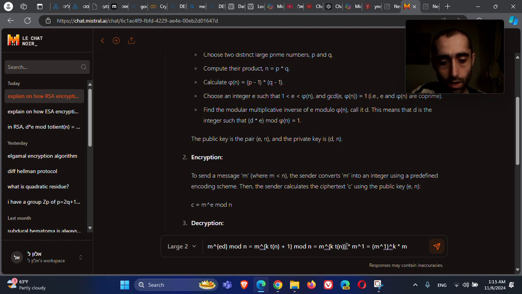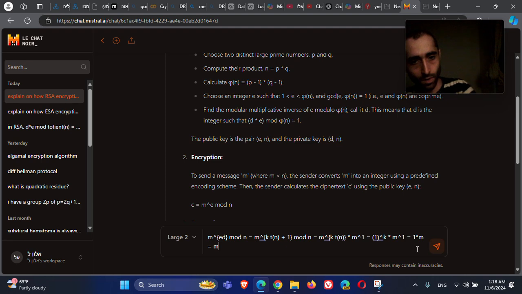Now this is 1 to the power of k, because m to the power of 30 and n is 1, so this is 1 to the power of k times m to the power of 1, because this one comes from here, and this is 1 times m, which is m.